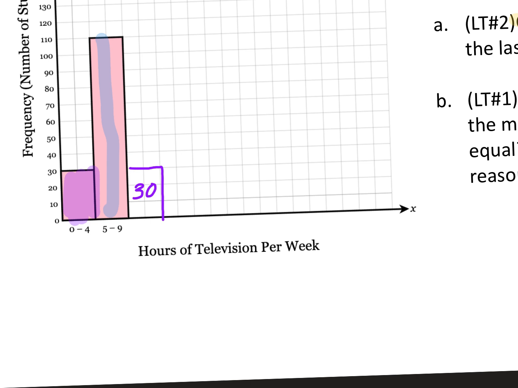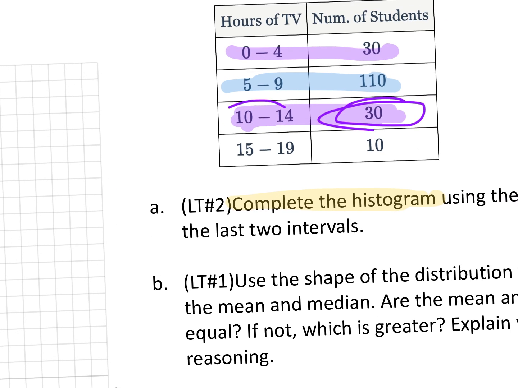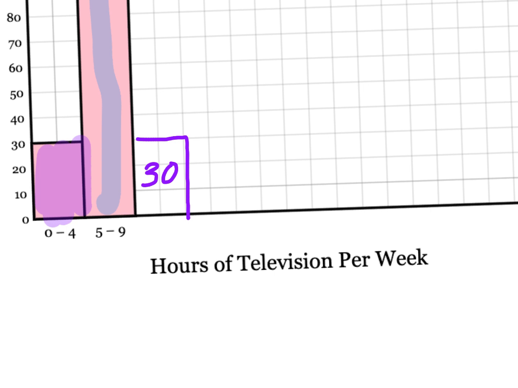We also need to add a label. And the label for this one should be 10 to 14. So we need to stick a label to show that 30 students watched between 10 and 14 hours of TV.